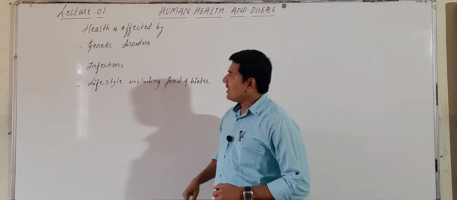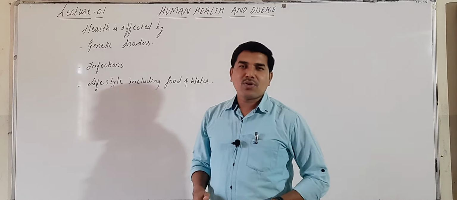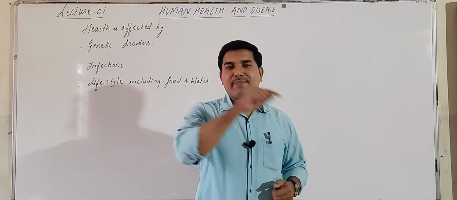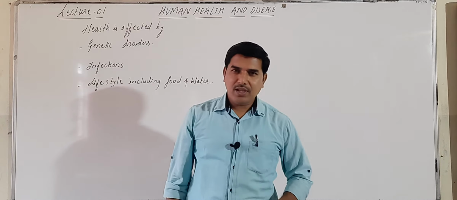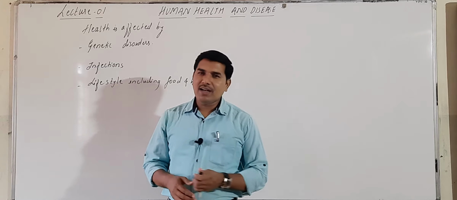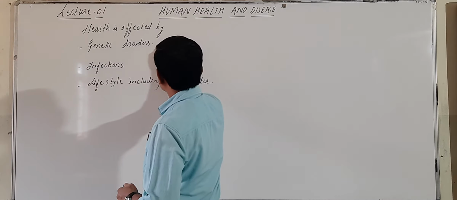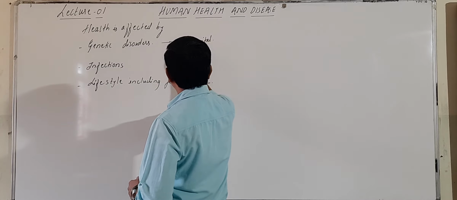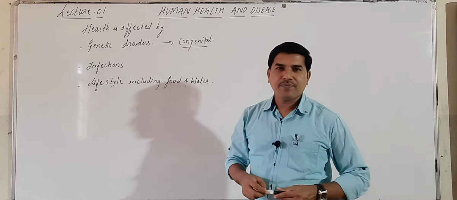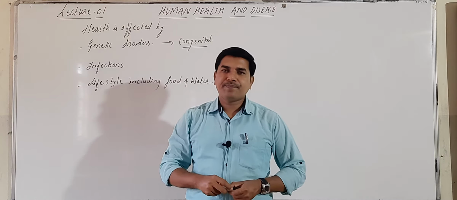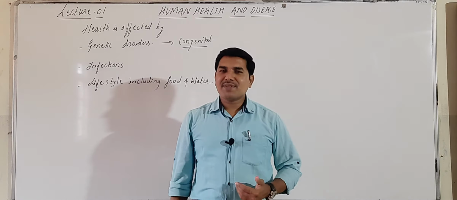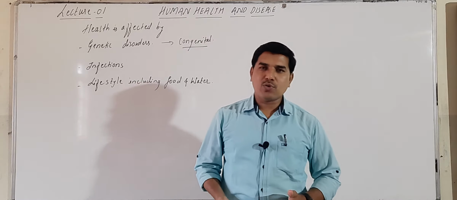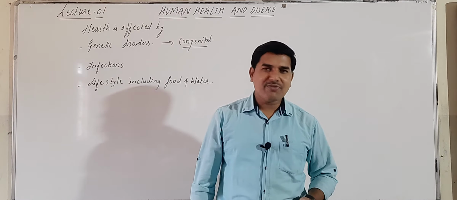The first reason is genetic disorders. Genetic disorders are nothing but different syndromes, which are defects that are present in children by birth, where we also call them congenital defects. So genetic disorders may be congenital, meaning defective by birth. There are various different types of syndromes like Turner syndrome, Klinefelter syndrome, Down syndrome, Cri-du-chat syndrome, various different types are there.